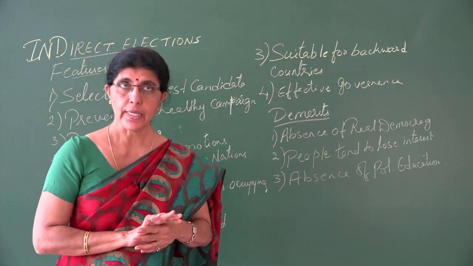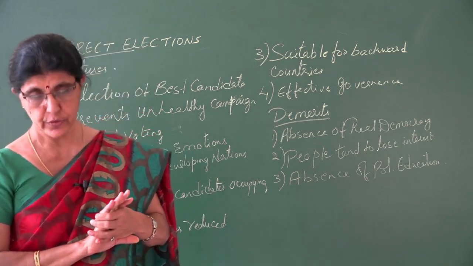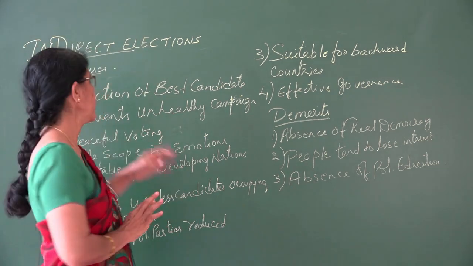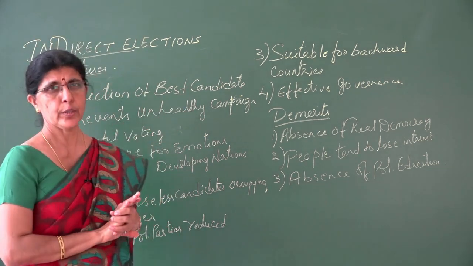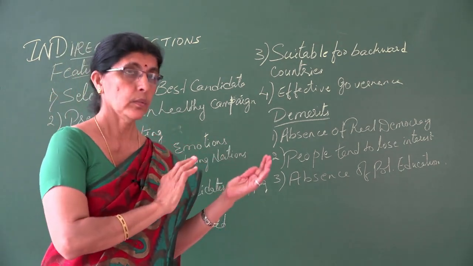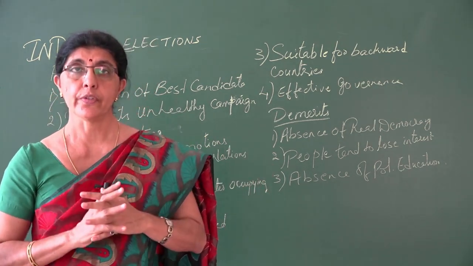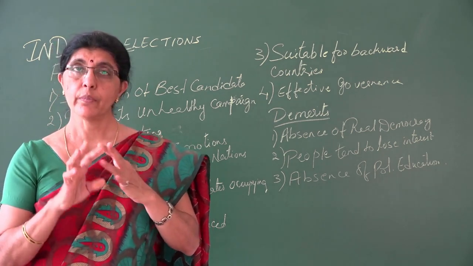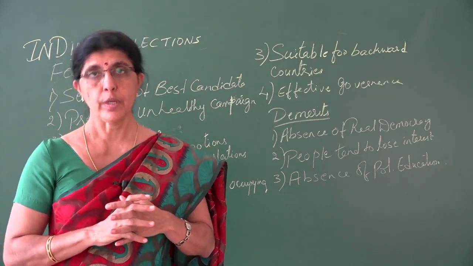Now, in indirect elections, let us learn its features. The first is the selection of the best candidate. In direct elections, the voters choose their representatives based on money power, muscle power, or media power.